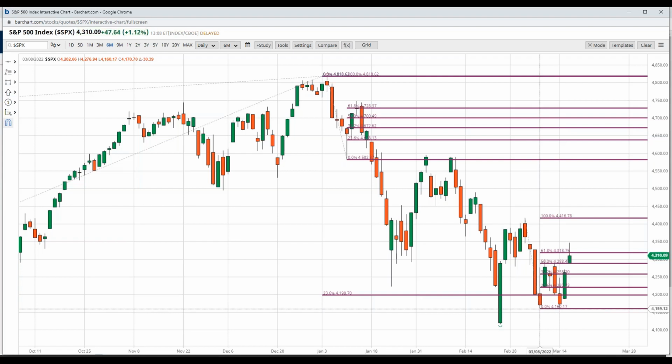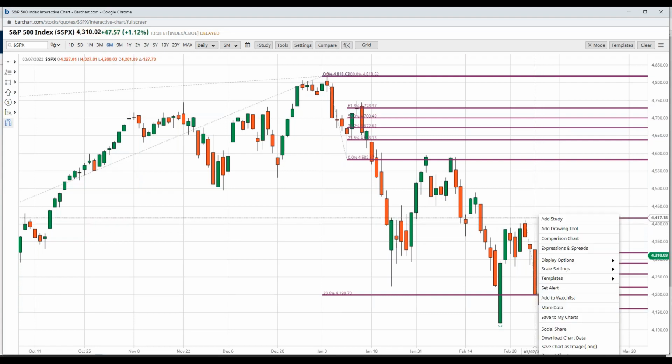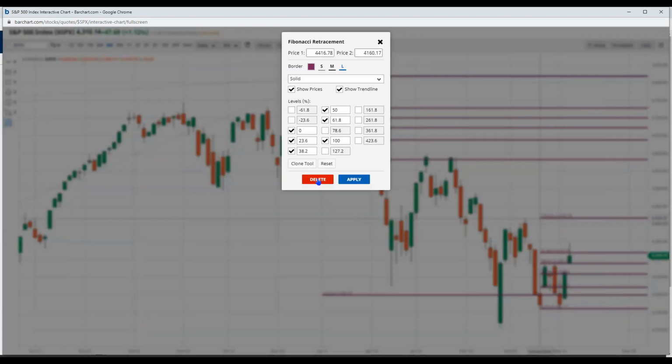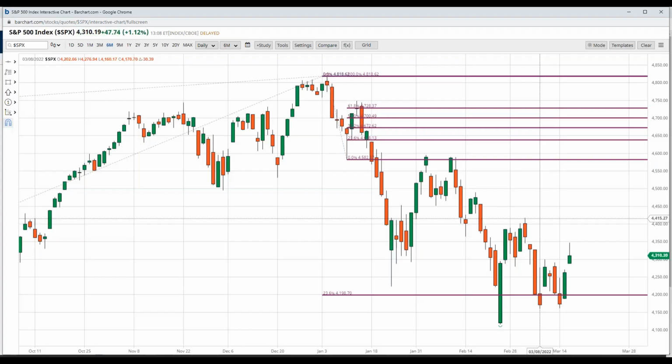Looks like it, right? All right. So let's do this now. We had shown you how we can use the retracement tool, but let's now go to extensions.